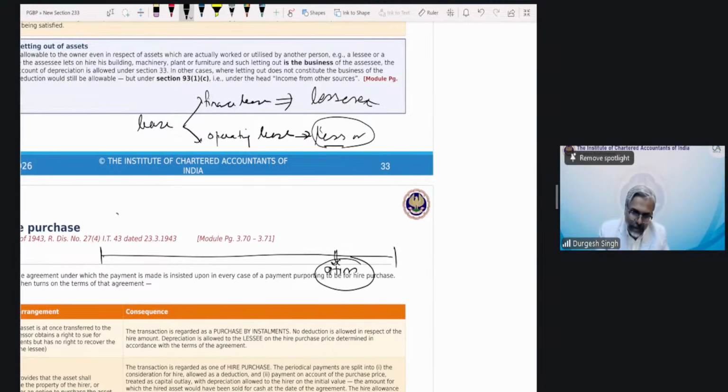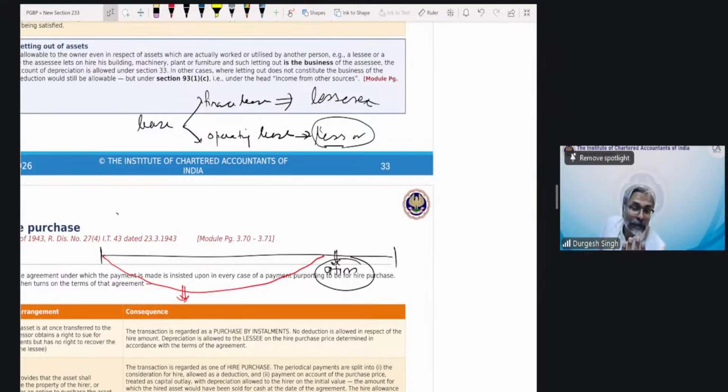Tell me one thing, students: till the time the option is exercised by the lessee, who has the control over the asset? The lessor continues to exercise the control over the asset.